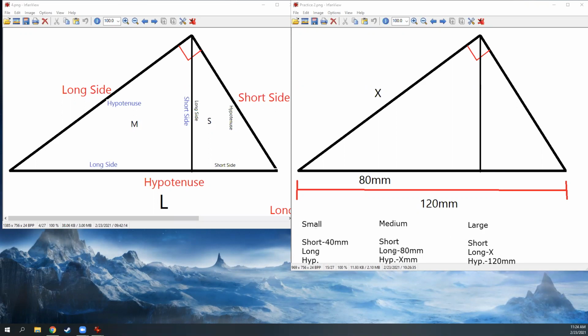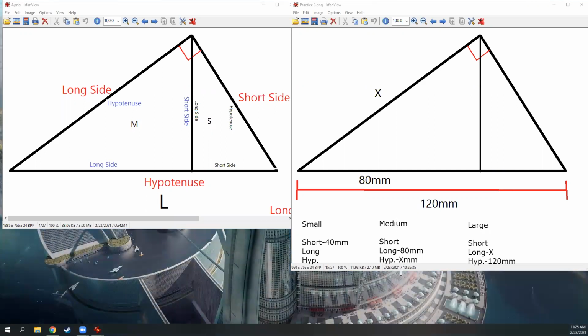Medium triangle, long side over large long. Medium hypotenuse over large hypotenuse. That's what I'm going to do because it's just left to right, top to bottom. So medium triangle's long side over large triangle's long side is going to equal, got to keep the medium triangle on top, and we're using its hypotenuse over the large triangle's hypotenuse.